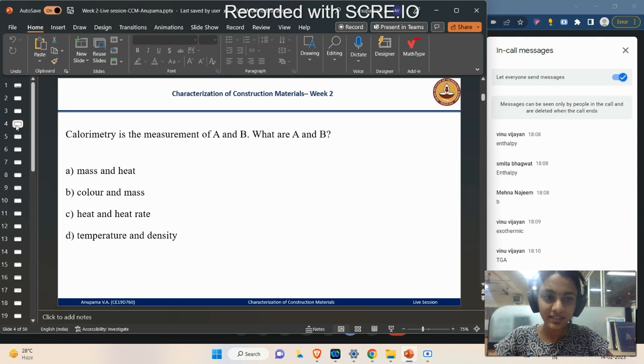Okay, Vinu goes with C. So now we have two opinions, one goes with C and one goes with D. What about others? Javed, what do you think? Or Mehna, do you go with either C or D, or do you have a different opinion like A or B?